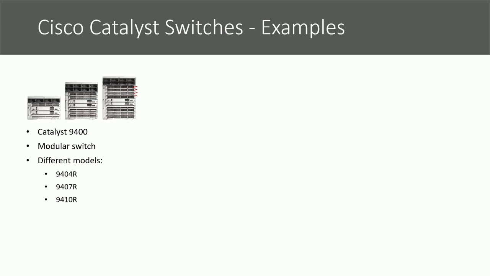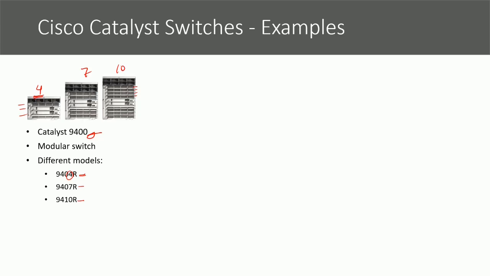In this series, for example, Cisco 9400, Cisco has 3 models or 3 variants: 9404, 9407, and 9410. This number represents the number of slots in this switch. So we have 4 slots here, 7 slots here, and 10 slots here.